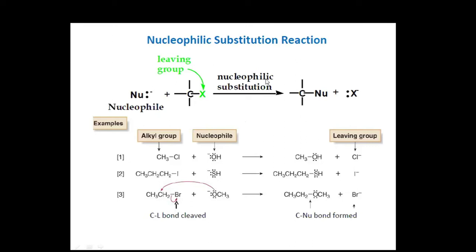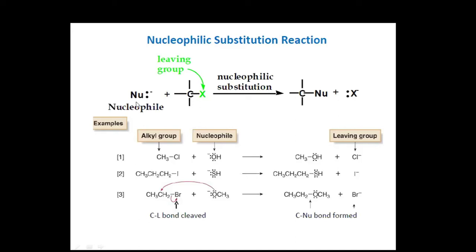In a nucleophilic substitution reaction, you need an alkyl halide and a nucleophile. The nucleophile attacks the carbon carrying the leaving group, the leaving group leaves, and you get a new carbon-Nu bond, while the C-X bond is broken and you get X minus.